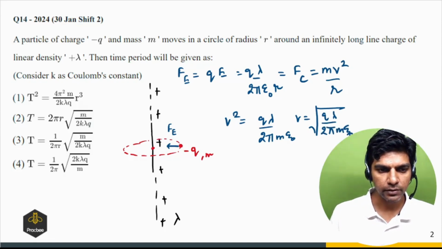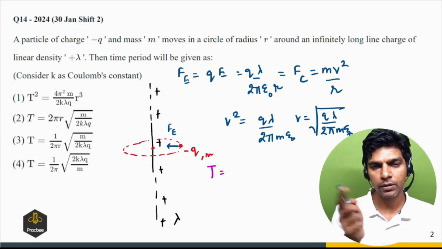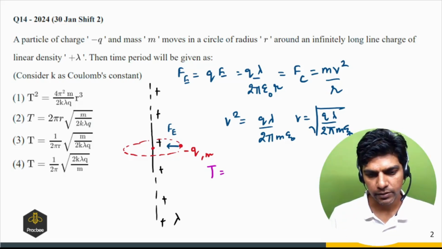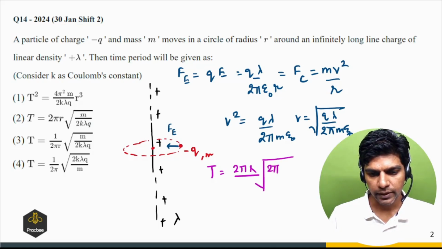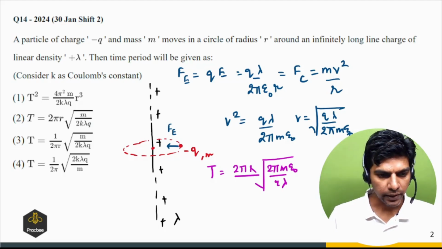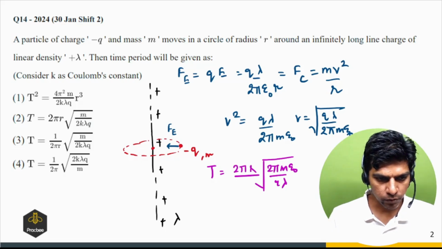So if we want to find the time of one orbital time period, that will be circumference by the velocity, right, by the speed. So 2 pi r times root of 2 pi m epsilon naught by q lambda, and the option we have given has k.